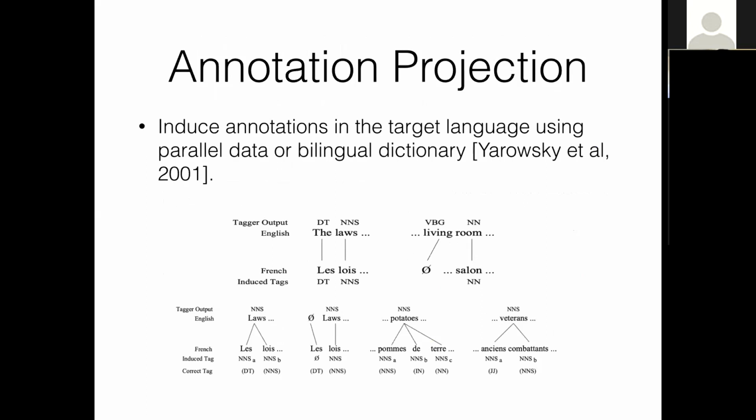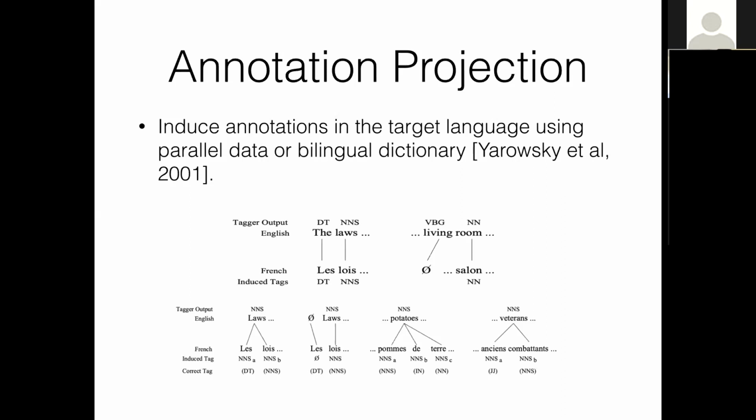Another method for transfer learning here is annotation projection, wherein basically you induce annotations in the target language using parallel data or a bilingual dictionary. So if you see here, you have an English sentence with part of speech annotations, and you have its French translation.